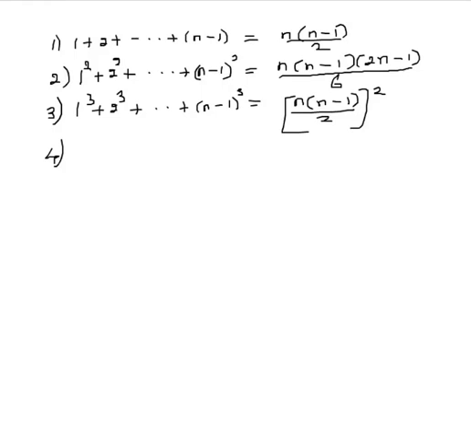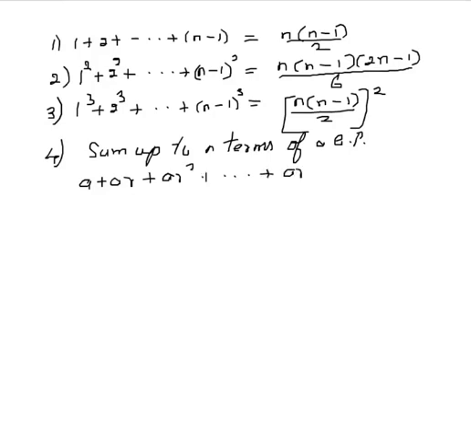And sum up to n terms of a GP we know. We will use this formula when we have an exponential function in limit of sums questions. So we know that a plus ar plus ar square, etc. The last term will have r power n minus 1. So the formula is a times (r power n minus 1) divided by (r minus 1).